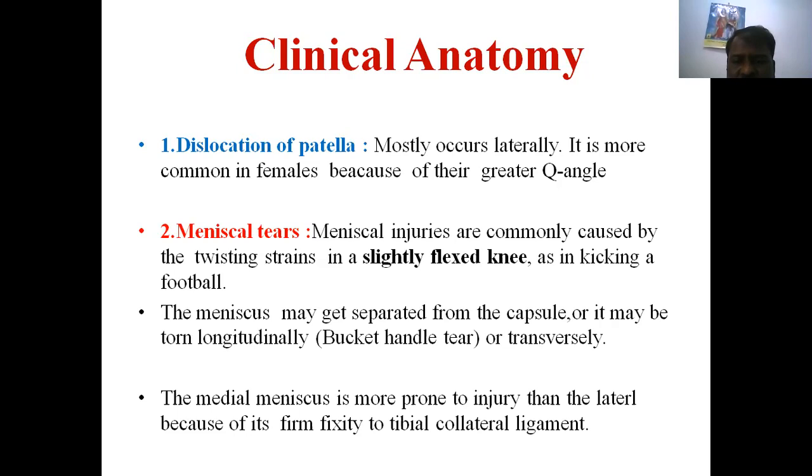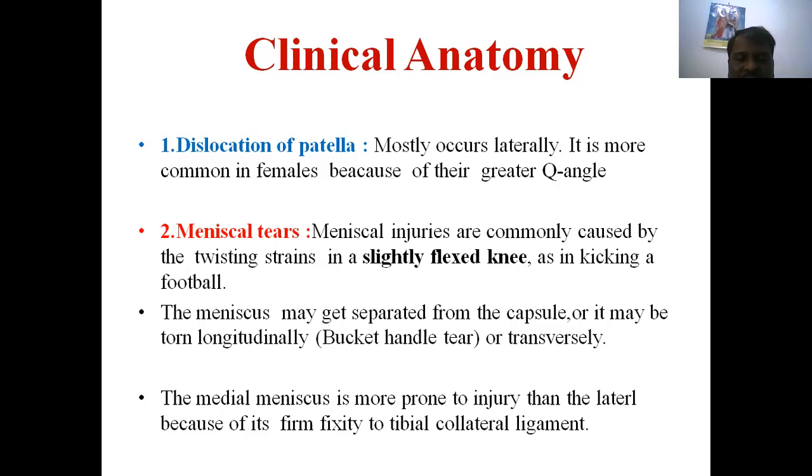The first is dislocation of the patella. It mostly occurs laterally. It is more common in females because of their greater Q angle. The Q angle relates to the quadriceps femoris tendon insertion on the base of the patella.